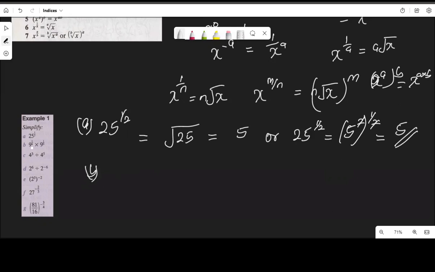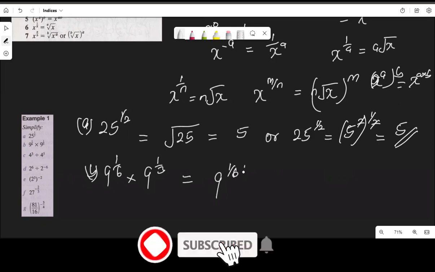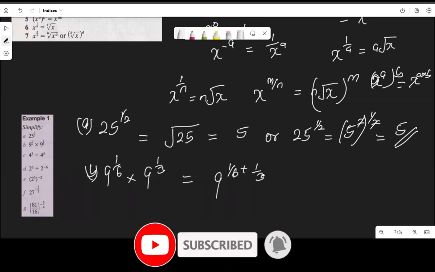For question b, we have 9 to the power of 1 over 6 multiplied by 9 to the power of 1 over 3. If we apply the first law, this will be 9 to the power of 1 over 6 plus 1 over 3.